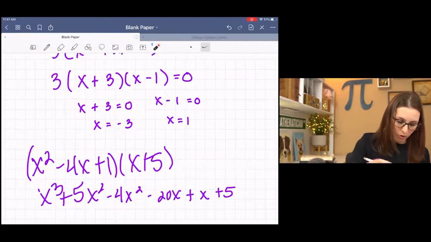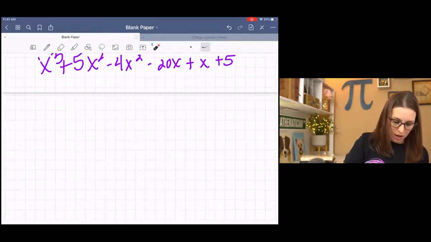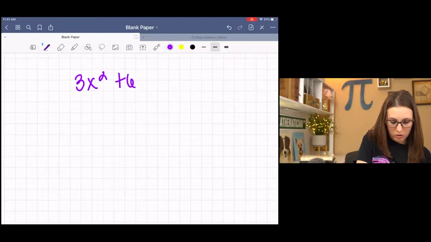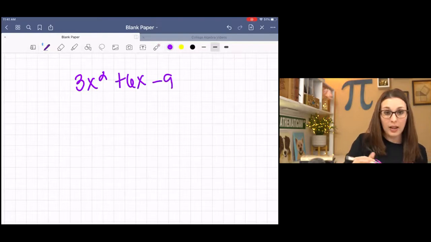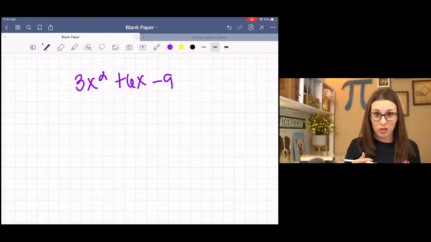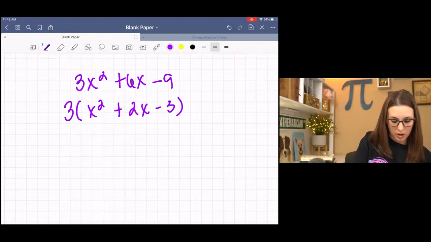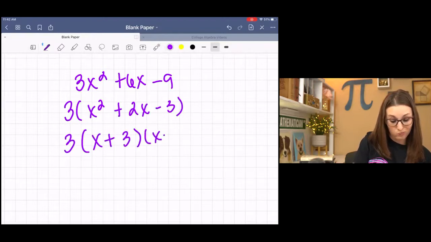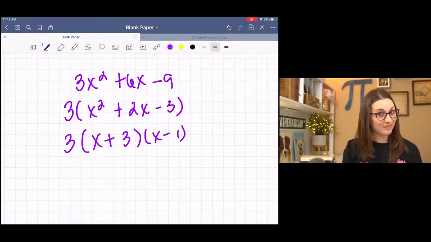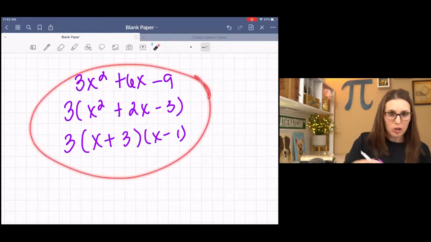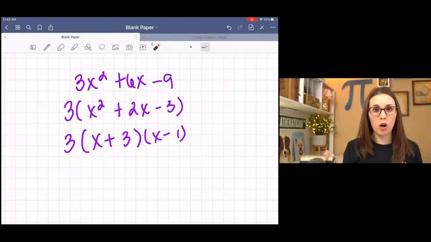If I were to go over here and have the original function and factor it using my factoring skills from quadratics, I would pull out that 3, and then I would find factors of -3 that equaled 2, and there it is. So this can be factored using factoring techniques from quadratics.